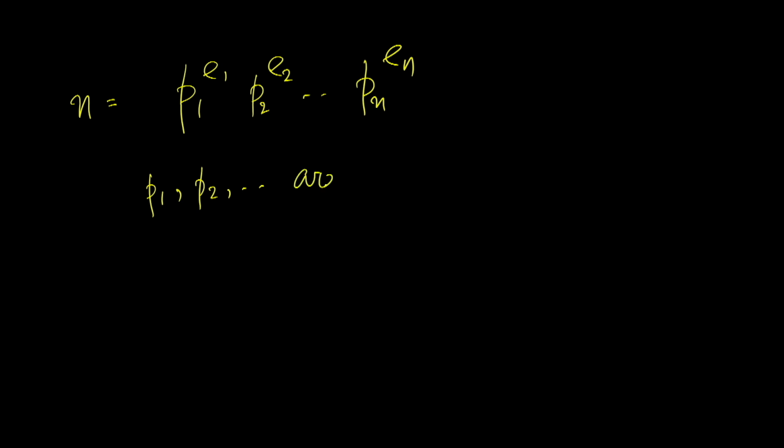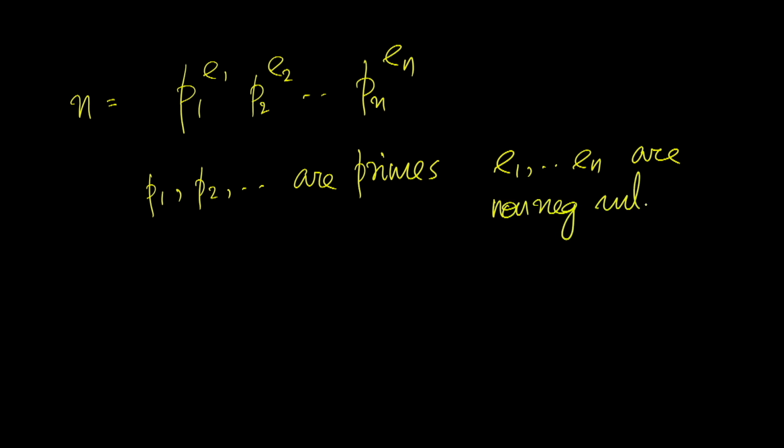If n is expressed as a product of this form, p1 power e1 into p2 power e2, etc., up to some prime pn power en, where p1, p2, etc. are all primes, e1, e2, etc. are non-negative integers, and p1 is the smallest prime, p2 is the next prime, p3 is the next prime and so on.